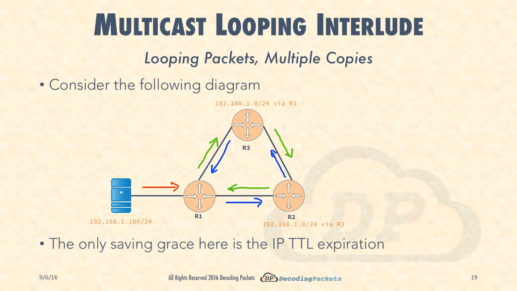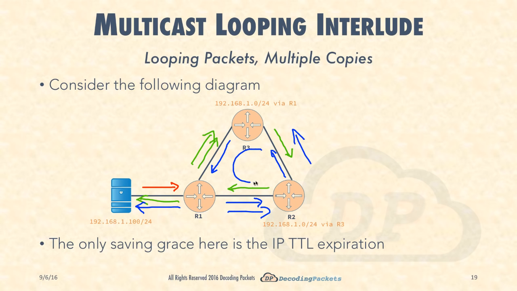Not only that, if it's not following any multicast rules at all, it'll send both of those copies back to the receiver. Not only that, the green copy is forwarded again over to R3, and the blue copy is forwarded again to R2.